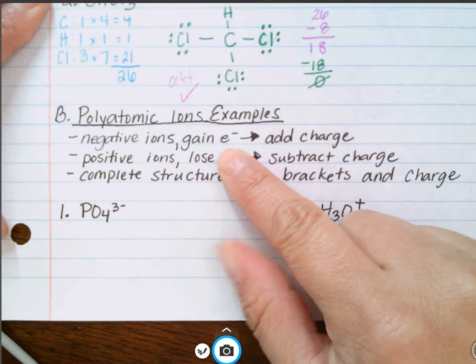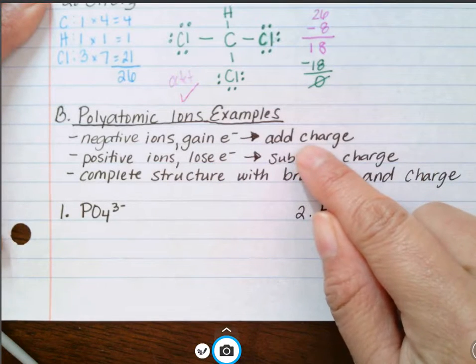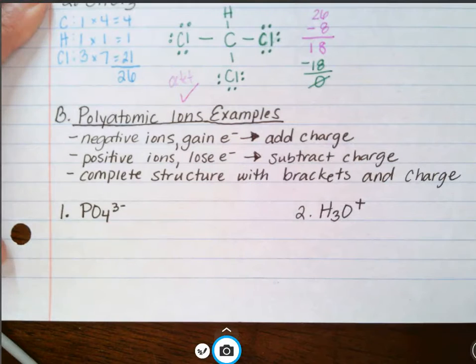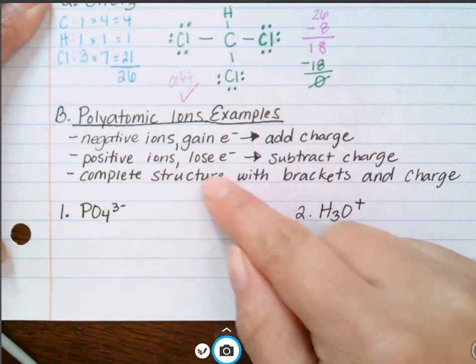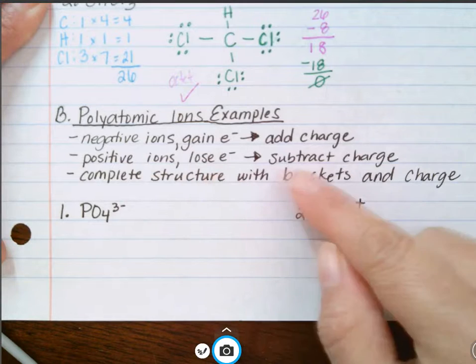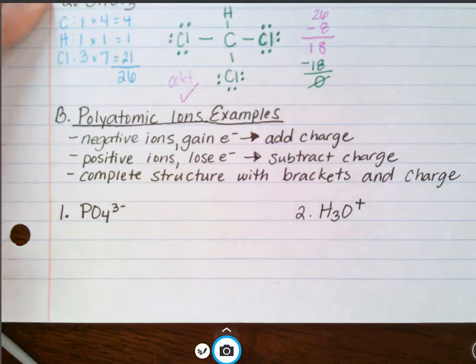And so what we're going to do is add electrons. We're going to add their charge. So that'll tell us how many they've gained. Sometimes they're positive. That means they've lost electrons. And so we're going to subtract the number equal to the charge. And then we just have to redraw this with brackets and charge.